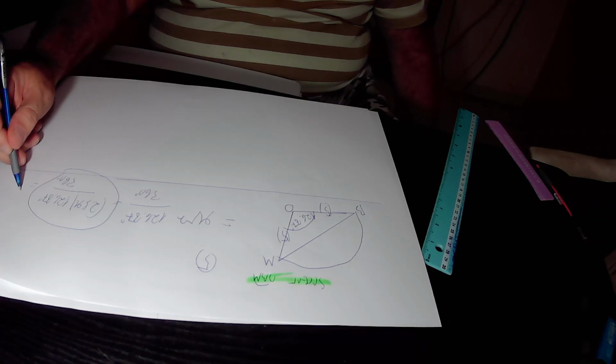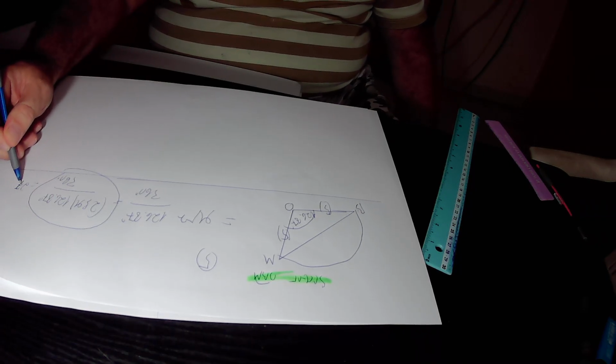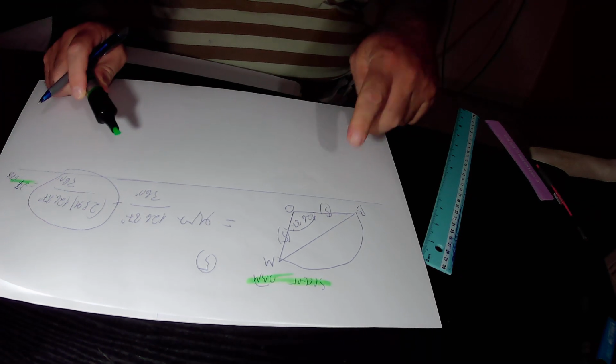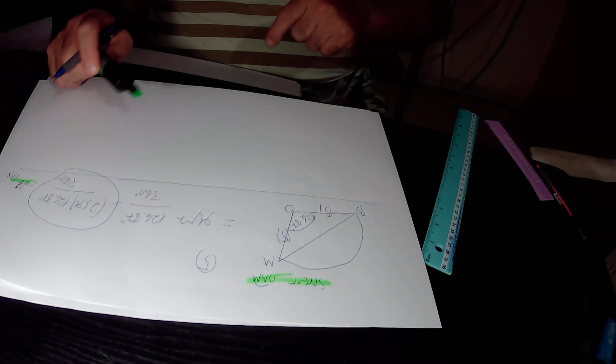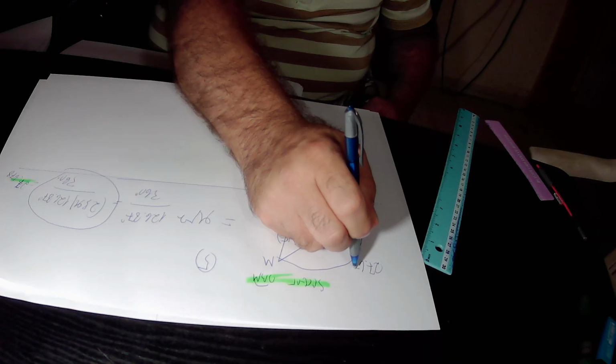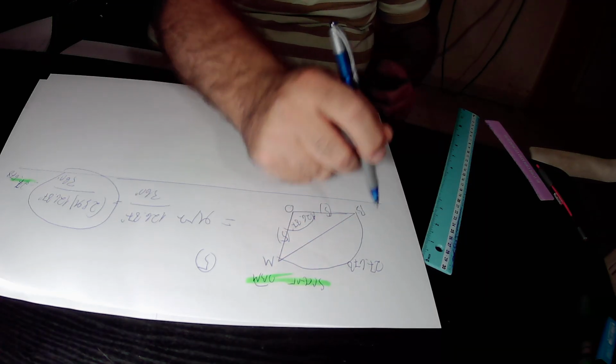So the area of this sector OBM equals 27.678 square units.